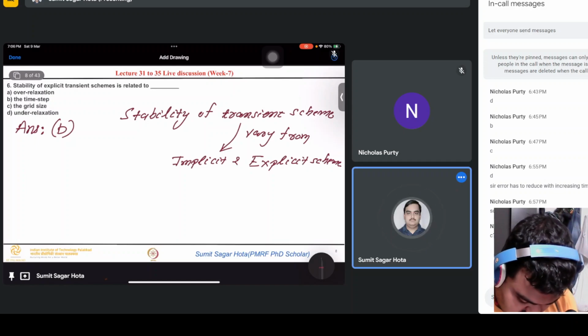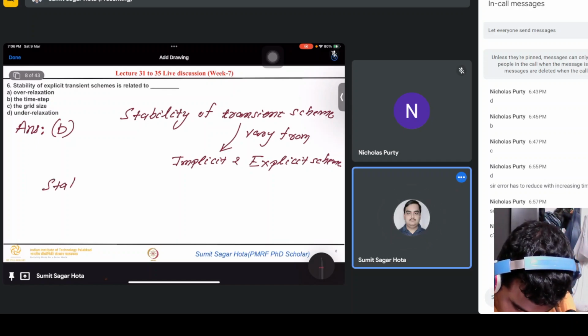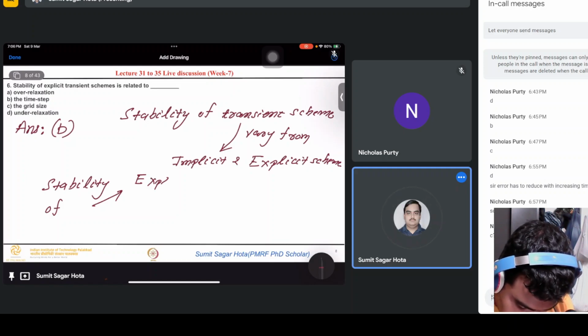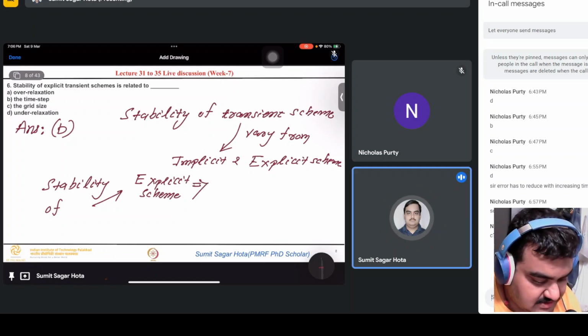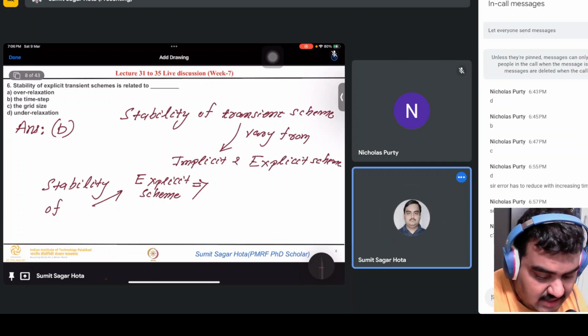Now stability. The stability of the explicit scheme is limiting the what? Time step size.